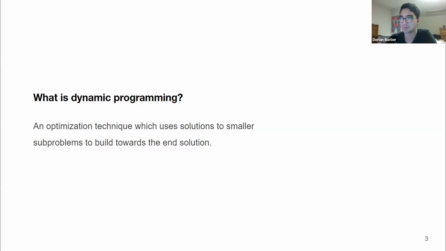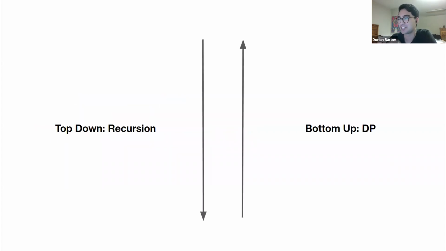So subproblems. Okay, now to frame dynamic programming with respect to recursion, I'm going to say that the top-down approach to a problem might come as a recursion technique, and then dynamic programming is going to be a bottom-up approach.